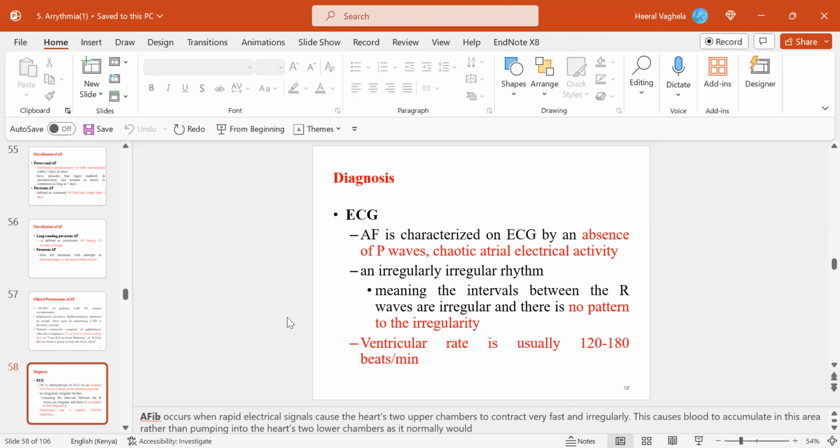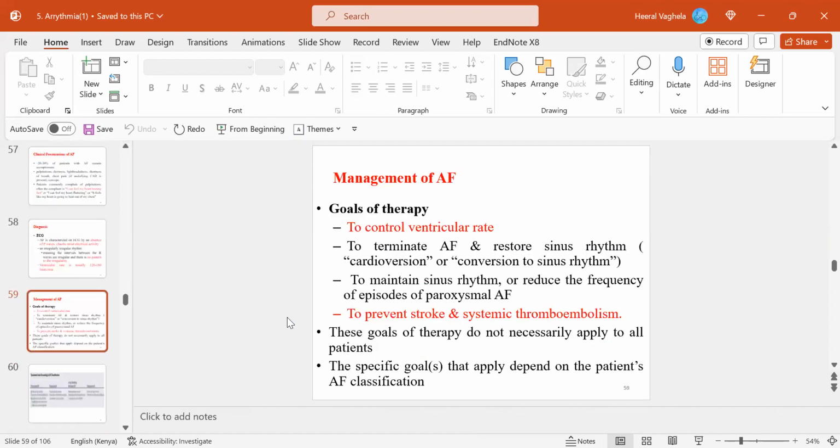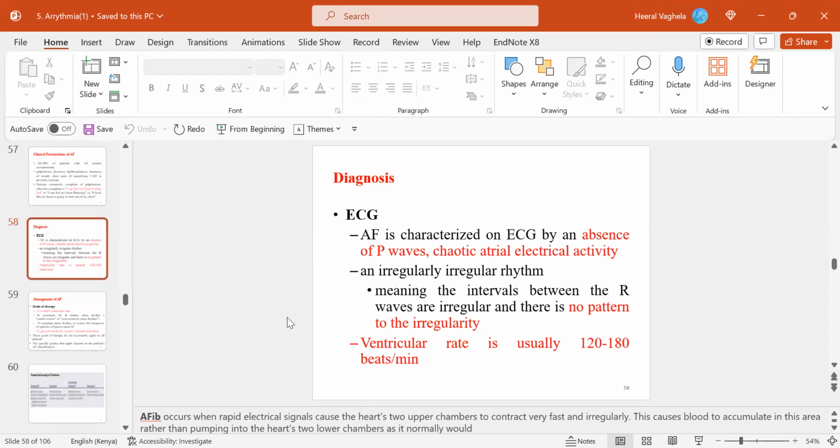ECG would show absence of P waves and chaotic atrial electrical activity. The ventricular rate is usually 120 to 180 beats per minute. So therapy, what would you guys think would be the therapy for atrial fibrillation?